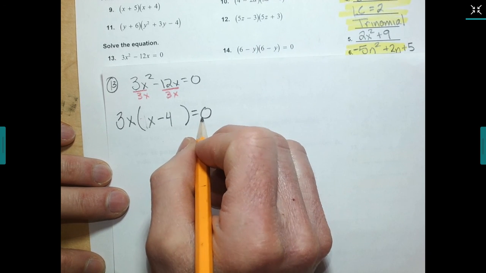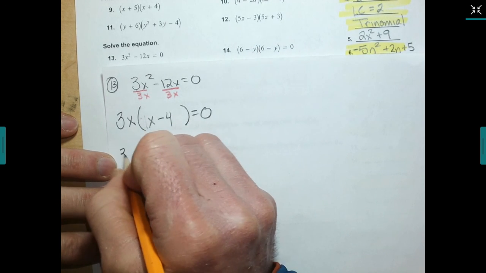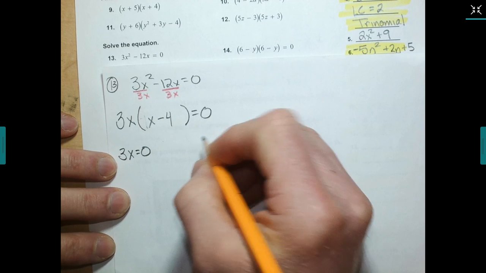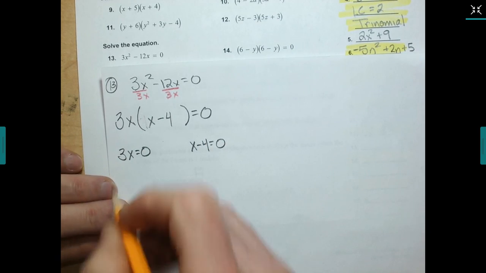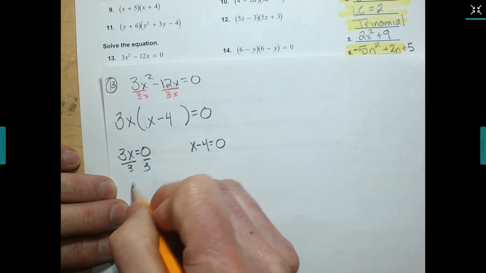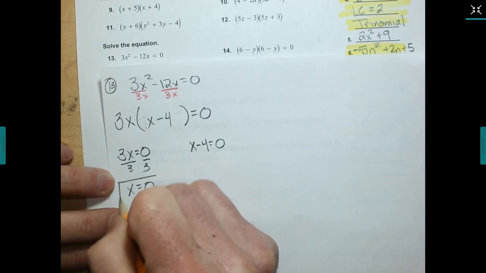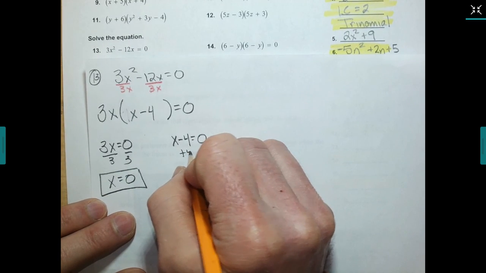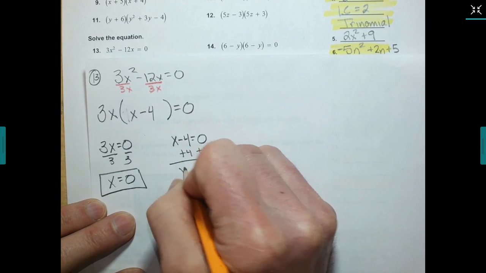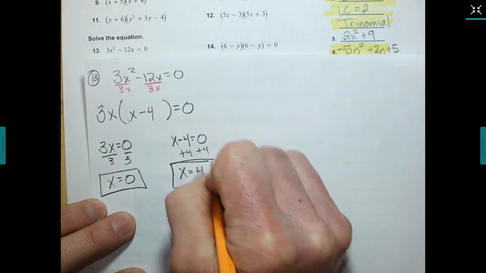Well, to solve, I can set these up in two different equations. 3x equals 0, or x minus 4 equals 0. Divided by 3, I get x equals 0. 0 thirds is 0. Here I add 4. Now please, again, make sure you show your work.